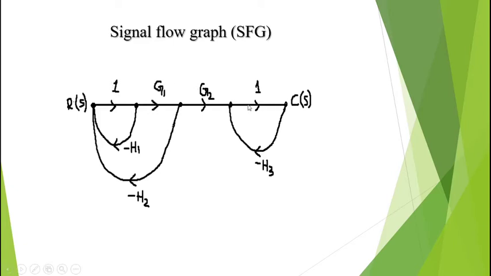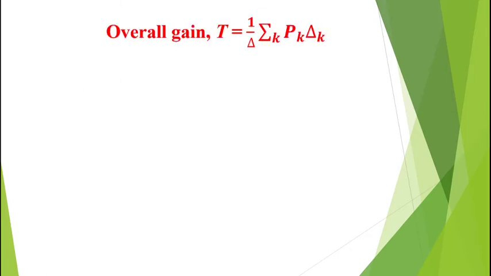That is, P1 is equal to 1 into G1 into G2 into 1. That means P1 is equal to G1 into G2.